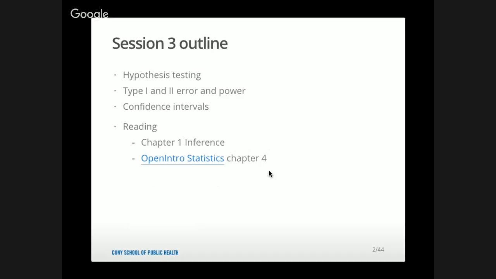So this is another free online textbook that I've used in other courses and has a little bit more description of hypothesis testing, which you might find useful. And it's free anyways, so it's a good reference to have around.